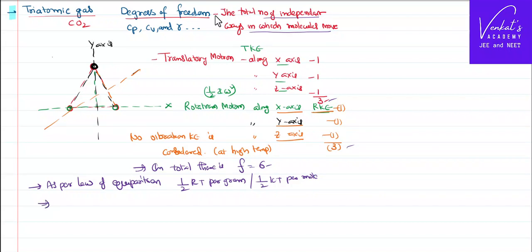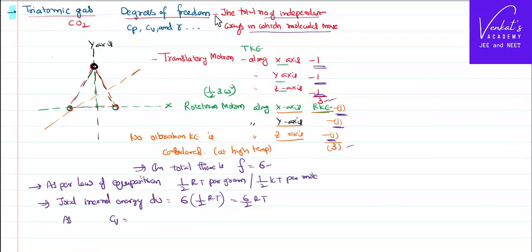That implies each of these degrees of freedom contributes internal energy to a triatomic gas molecule. That implies the total internal energy of that triatomic gas is 6 times half of RT, or 6 by 2 times RT.